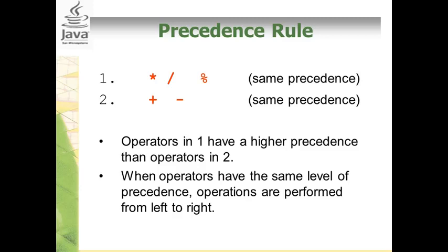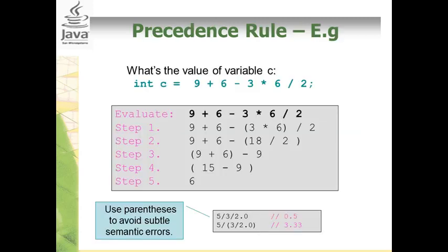Multiplication, division, and modulus are of higher precedence compared to plus and minus. If we have multiplication, division, and modulus in one expression, all those operators will be treated equally, but the computer will process from left to right. That means if we have multiplication at the left and division at the right, then multiplication will be executed first.